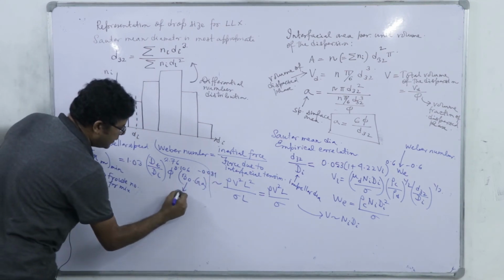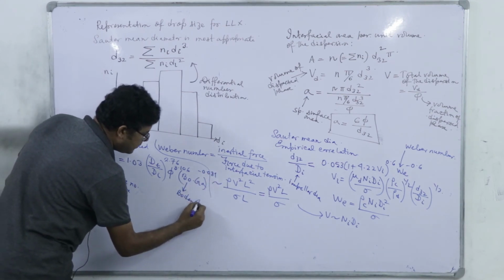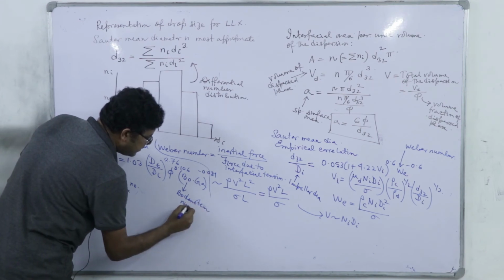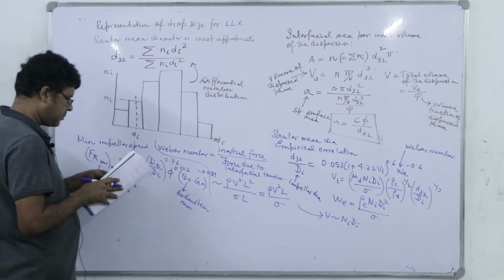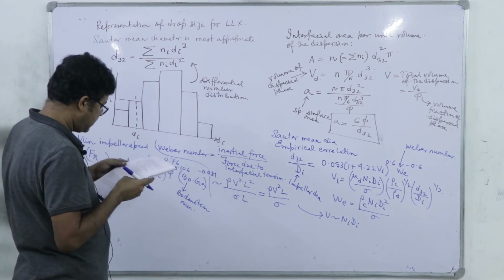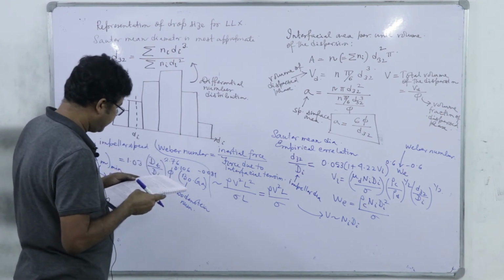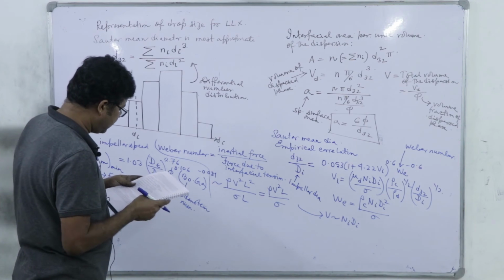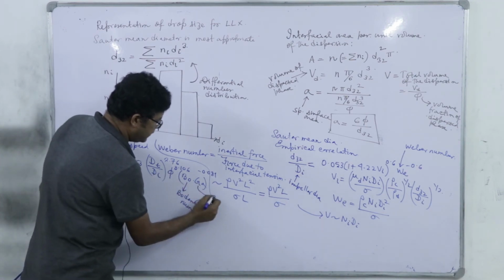So, this is the Bond number, and this is the Galileo number.